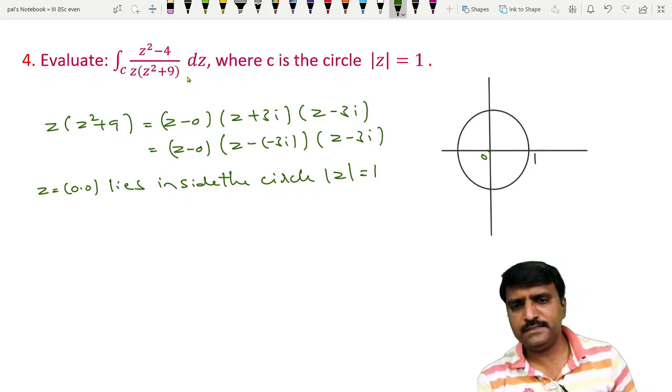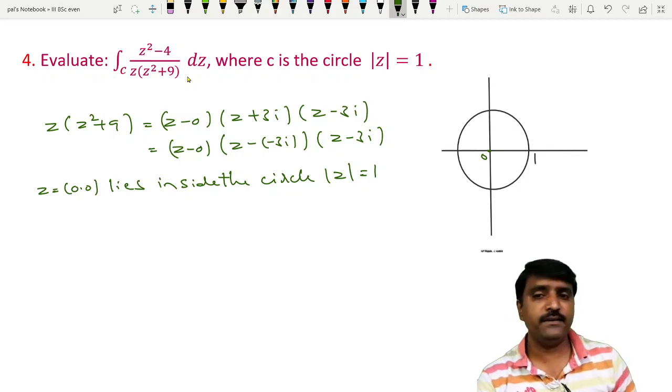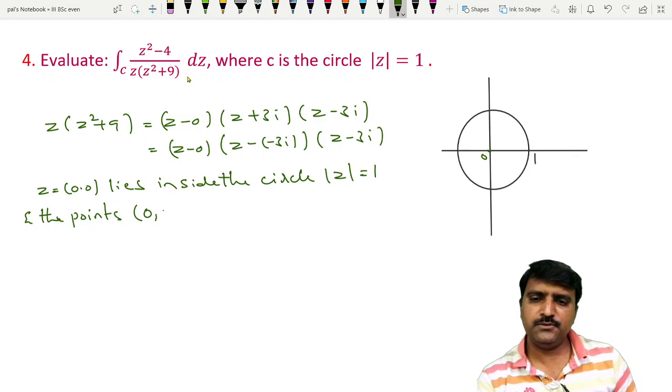But if you take the point z is equal to minus 3i, that is the point 0 comma minus 3, and the point 0 comma 3, the points 0 comma minus 3 and 0 comma plus 3 lie outside the circle.